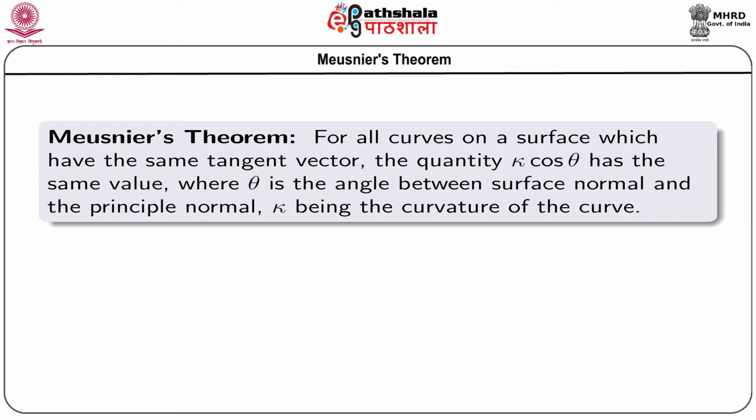That means, the surface normal is a space vector and the principal normal of the curve is also a space vector. So, we are considering theta as the angle between surface normal and the principal normal, and kappa is the curvature of the curve. Now, let us see the proof of this theorem, a very important theorem for the surface geometry.